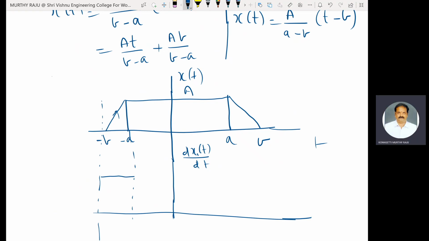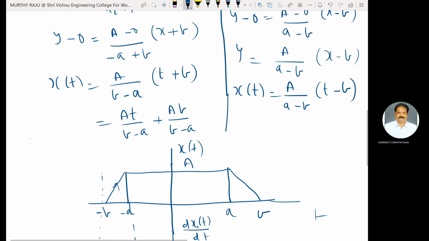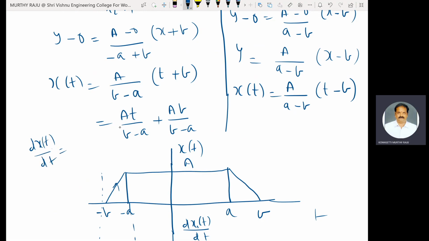So in the first portion, dx(t)/dt is equal to the differentiation of A t by (b minus a), where A by (b minus a) is constant and dt by dt is 1. The differentiation of the constant is 0.